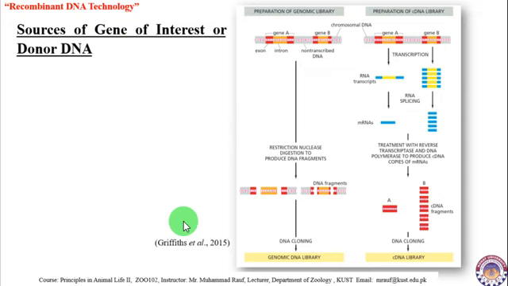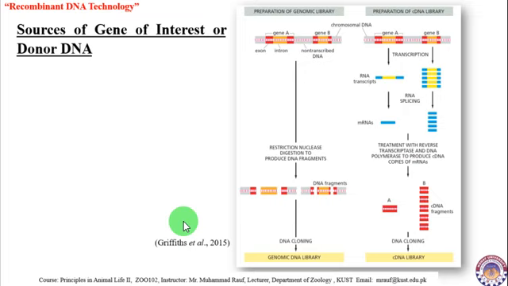Now, from where the gene of interest is going to come, the scientists usually develop two types of libraries. The cDNA library, where the messenger RNA is taken from an organism. That messenger RNA is usually in a mature form and it does not have the non-coding regions or introns, and then through this messenger RNA the nucleotide sequence is determined, and the cDNA library is synthesized.